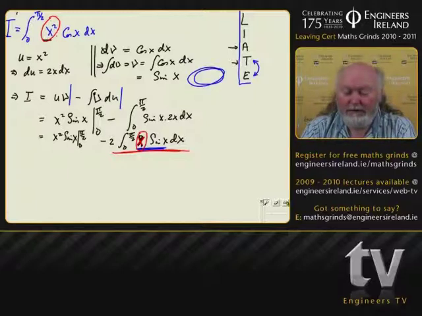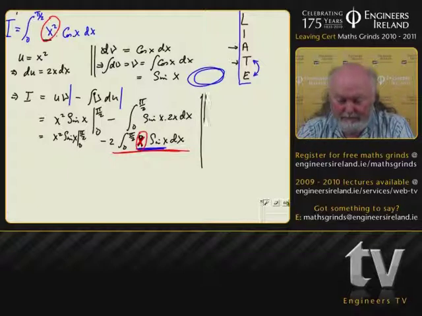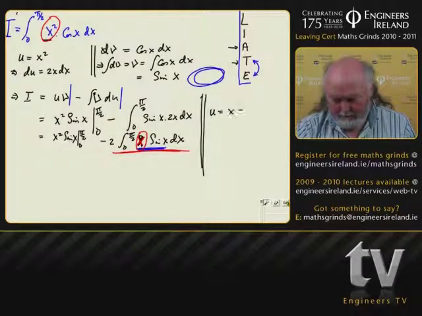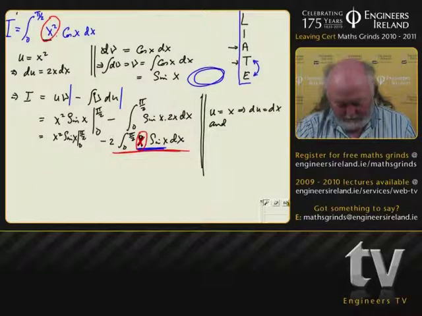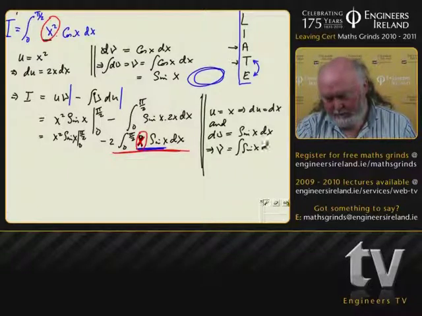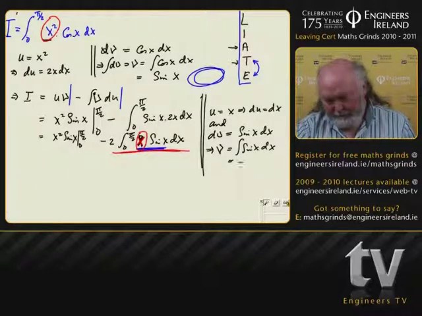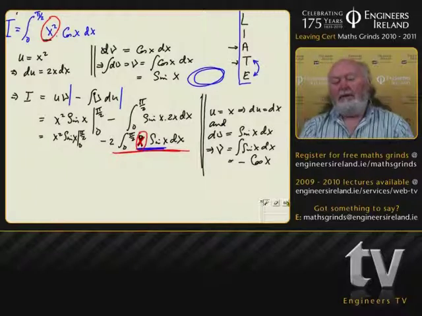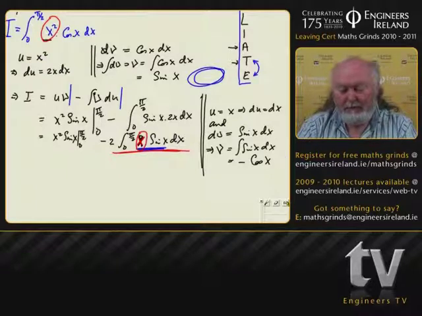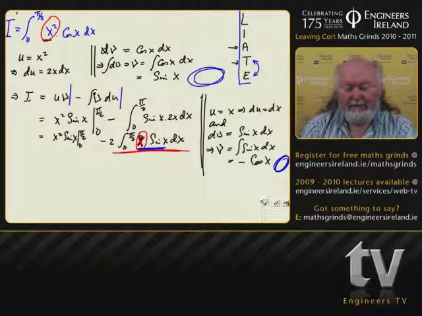So now what we can talk about is, I write it over here. So now our v is minus cos x, again with absolutely no constant added in here.